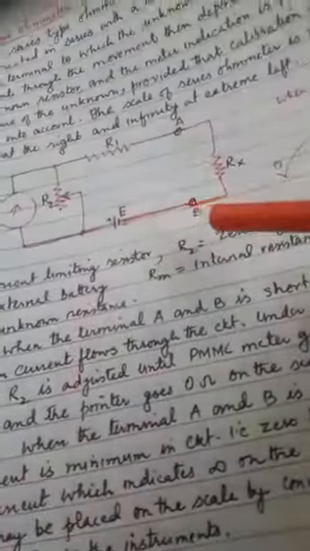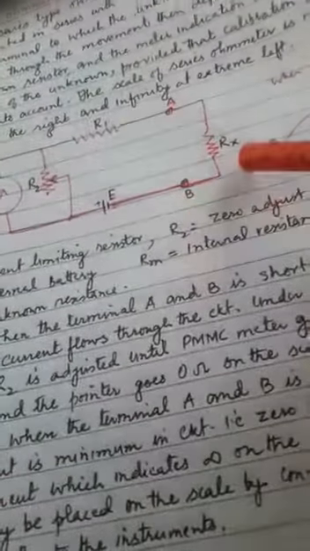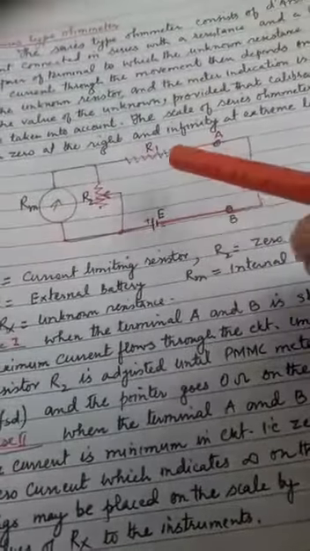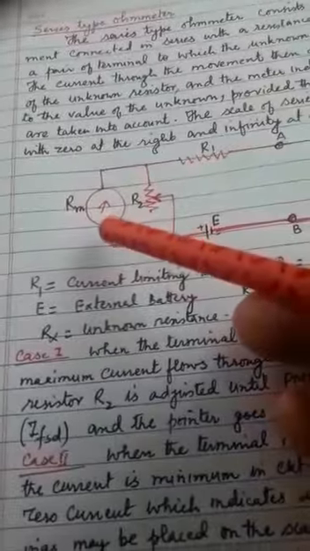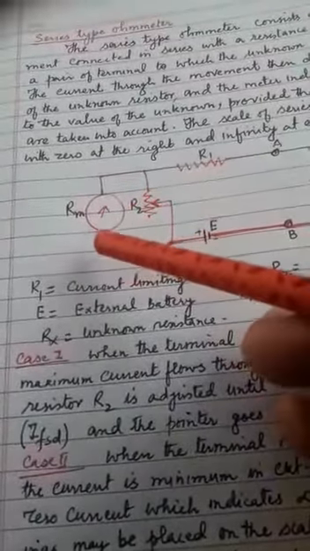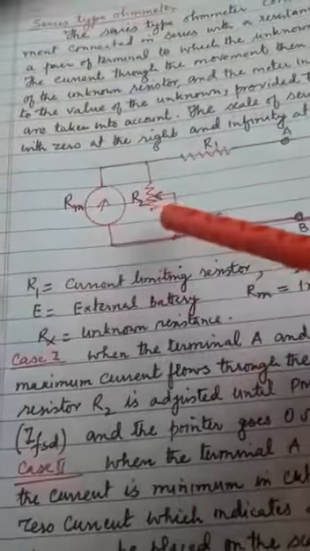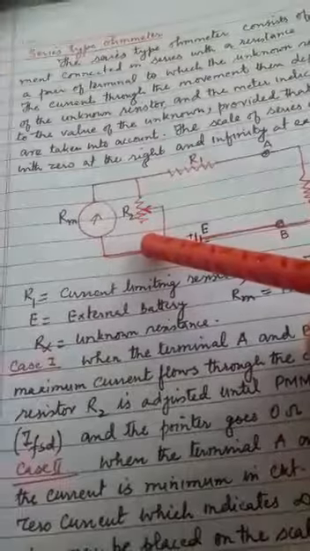Similarly, in the second case, keeping these two points open, Rx is at infinity, and a minimum current flows through the resistor, and a small deflection is shown by adjusting R2. This was the procedure for the series type ohmmeter.